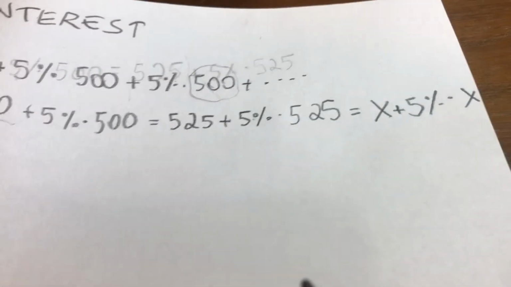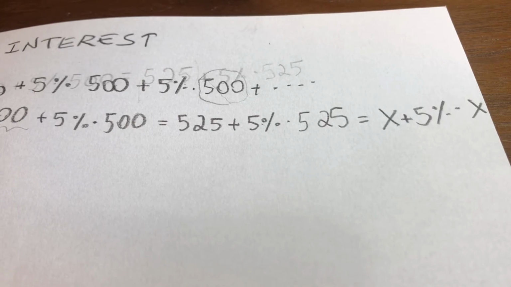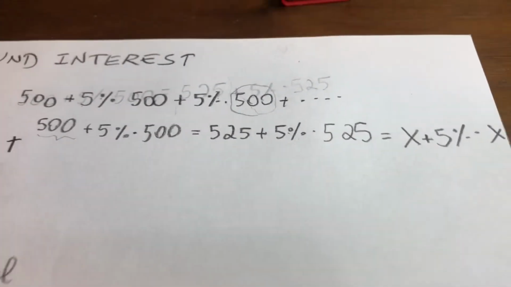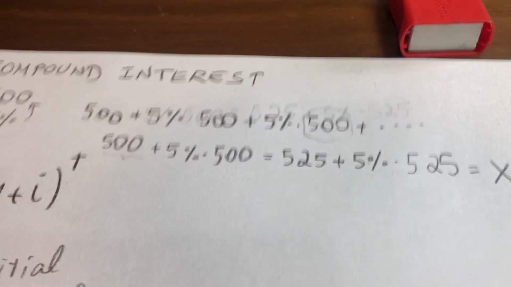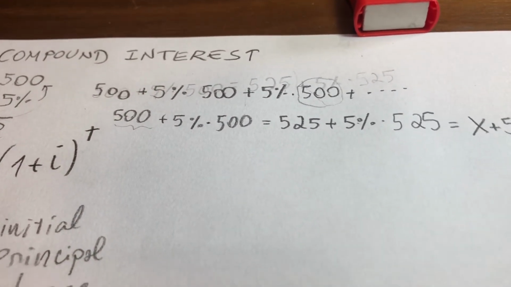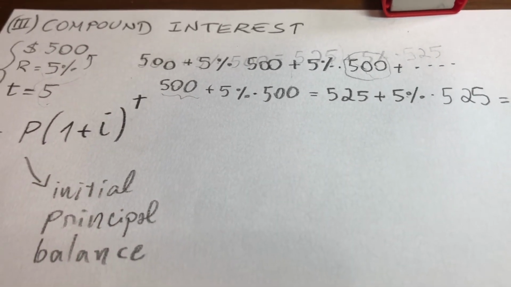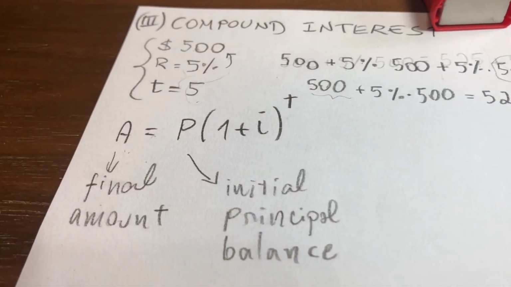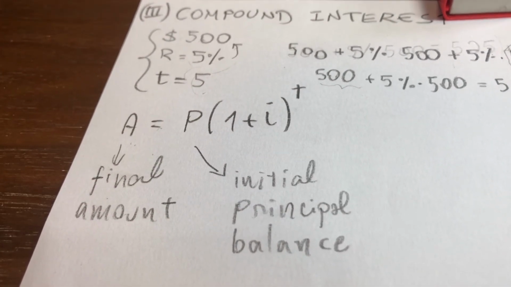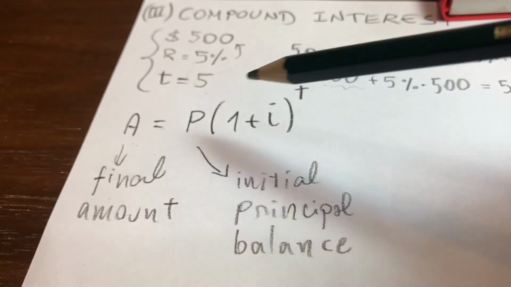And this is why compound interest is more complicated, because it's not a constant where you will be applying your rate. Now you will apply your rate above the last value at the end of each year, all right? However, we have a formula as well to make things easier. A, we're gonna call final amount.